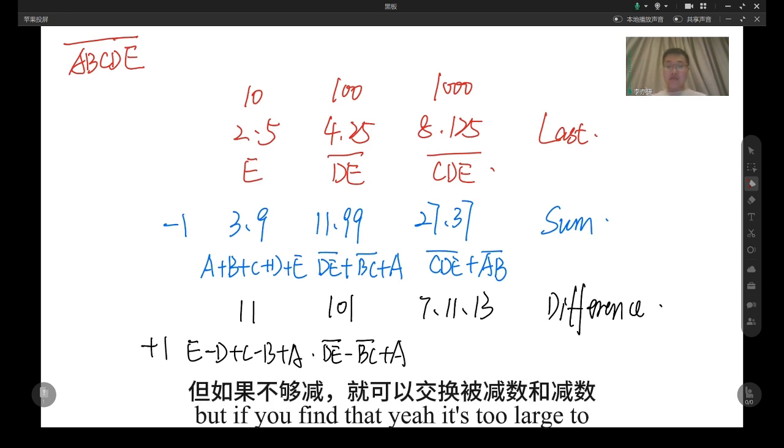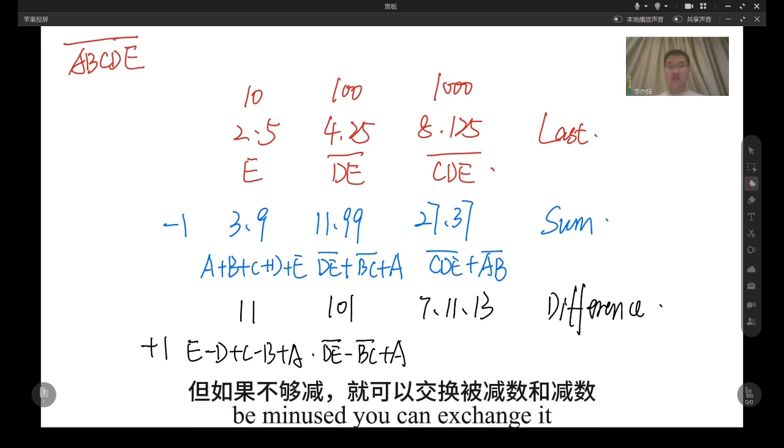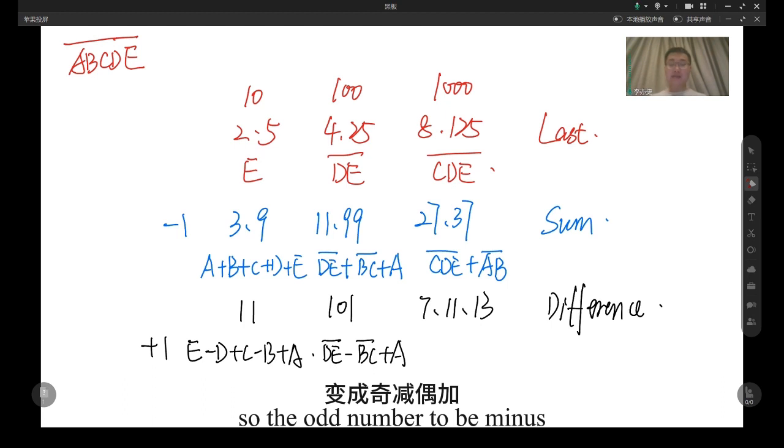But if you find that it's too large to subtract, you can exchange it: the odd ones minus and the even ones plus, that is okay.